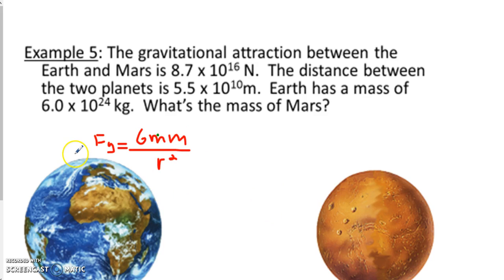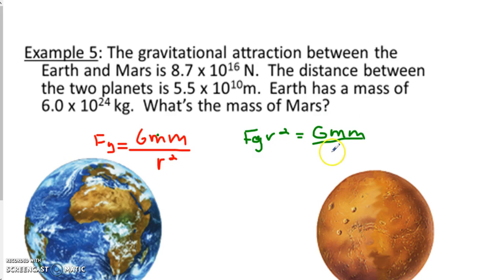So the way we do this is we need to bring the R squared over. So we have FG times R squared equals G M M. And we still need to get M by itself.